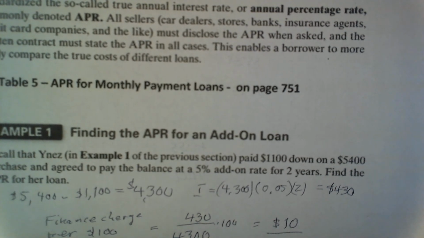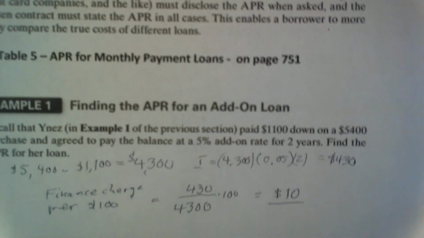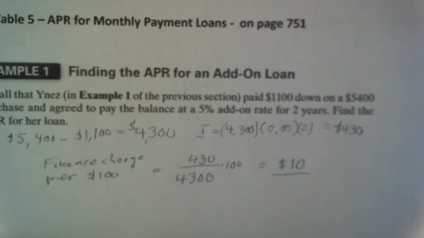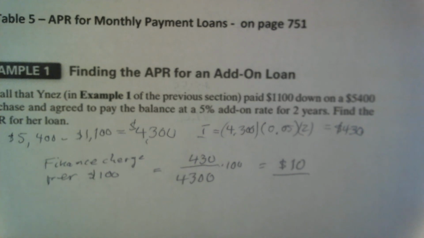Now we look at the table on page 751, and we go in the left column and look for the row that begins with 24, because it's for 2 years or 24 payments, and we go over to the right until we find $10.